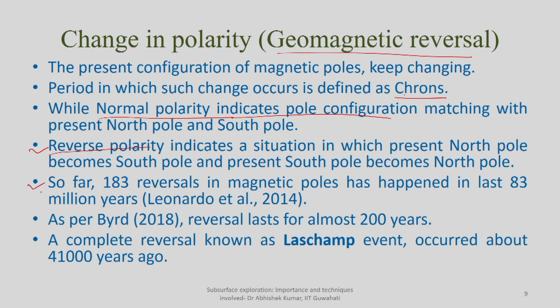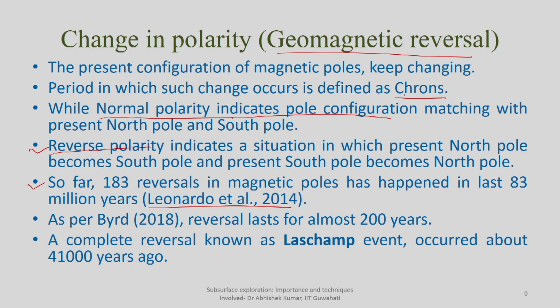So far, as per a study by Leonardo et al. 2014, it has been found that this change in magnetic poles, or reversal in magnetic configuration, or geomagnetic reversal, whatever we say, has happened 183 times in the last 83 million years. So, this was found, a very interesting story, in 2014.